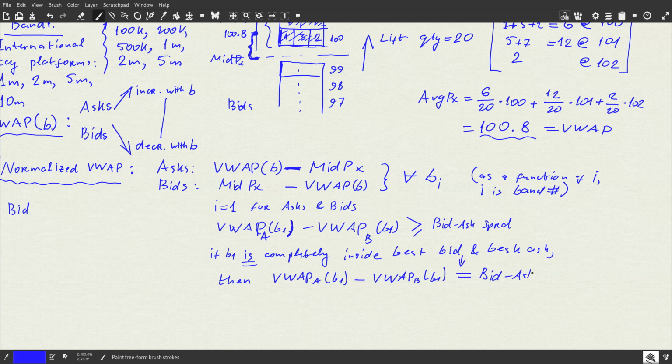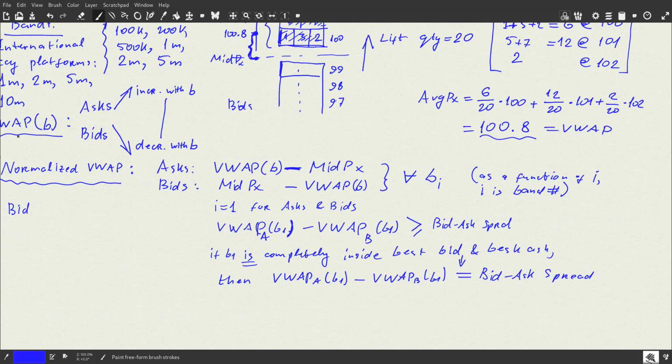But in general, the difference of VWAPs can be greater than bid-ask spread. And the difference of remote VWAPs, which correspond to distant bands, for example, for I equal to, let's say, 2, 3, and so on, for big I, this is definitely going to be bigger than the bid-ask spread. So by itself, VWAPs are not sufficient to ensure the bid-ask spread.